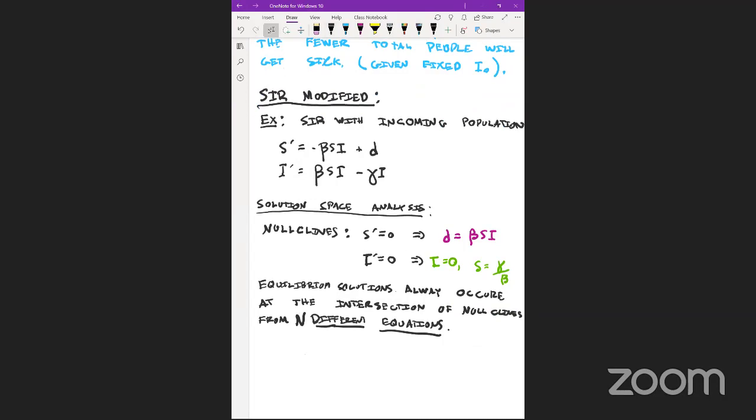So here, that means that we have two equilibrium solutions. So I equals 0, plugging it into this equation here, so we're going to have SI equals 0, so 0, 0 is an equilibrium solution.